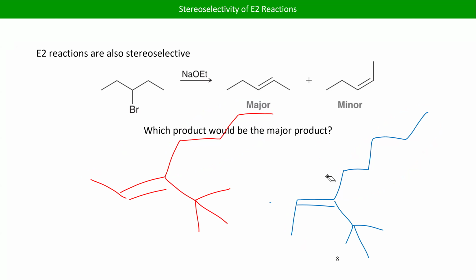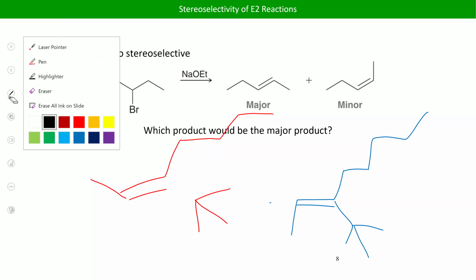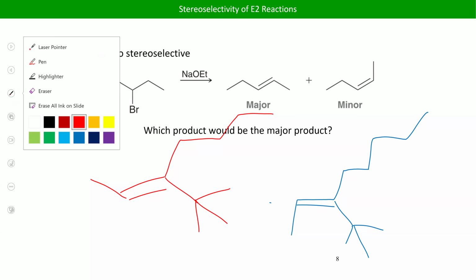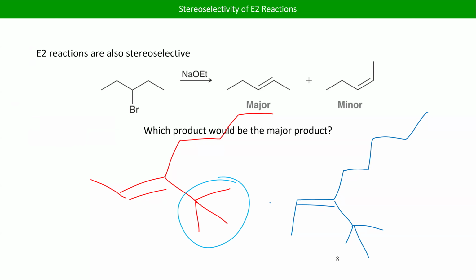This t-butyl group is bigger. So we're going to put that on the opposite side from the methyl. Our major product is going to be the first one, the red one, in this case.